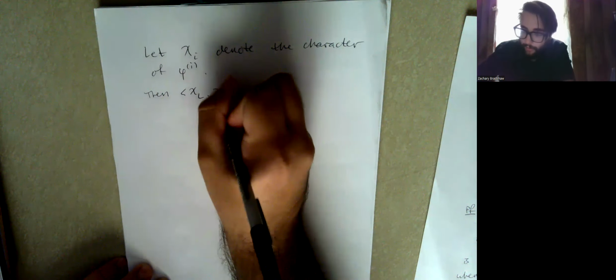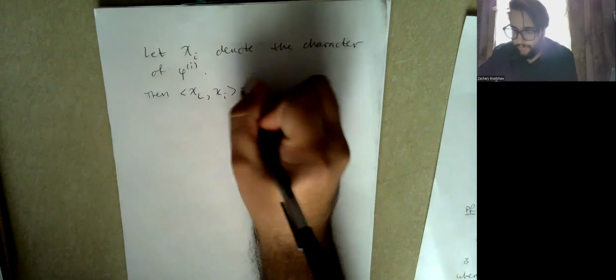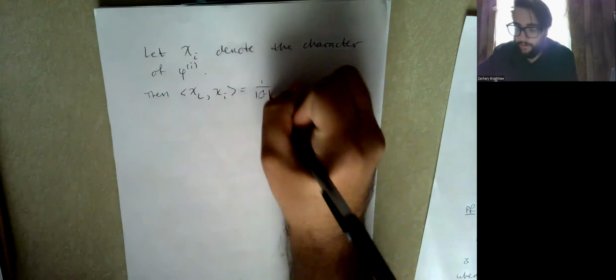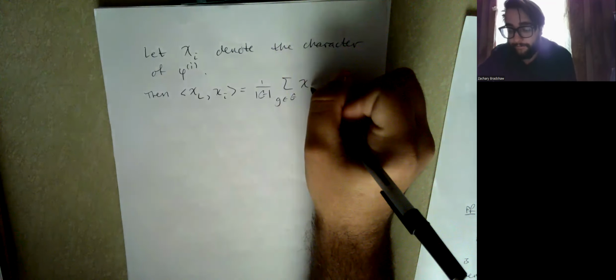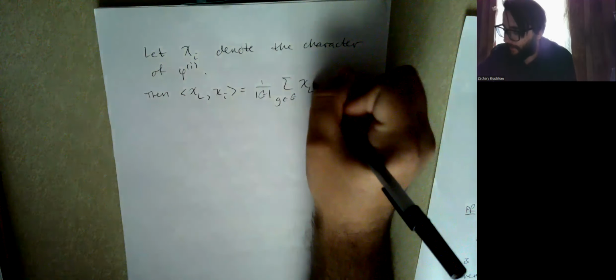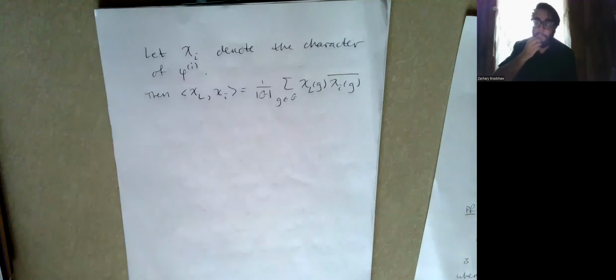We compute this inner product, and that will tell us how much of this i representation is contained in the sum. So this is 1 over the order of G, sum over g in G. This is just the definition of the inner product here. I'm trying to speak and write at the same time. Okay.